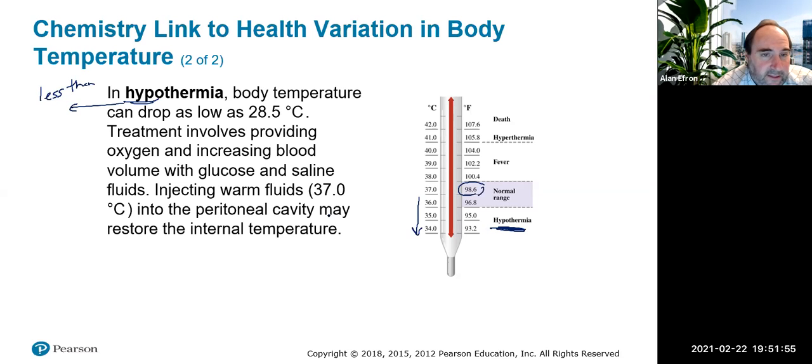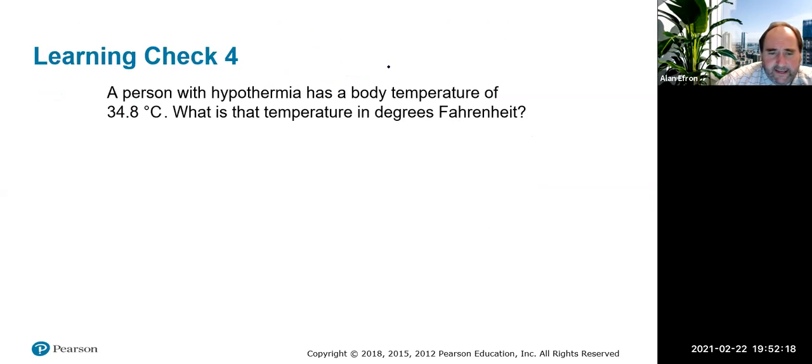Again, hypothermia, hyperthermia, we see in chemistry a lot those two beginning parts of the words: hyper, meaning more than, and hypo, meaning less than. So we do see that a lot.